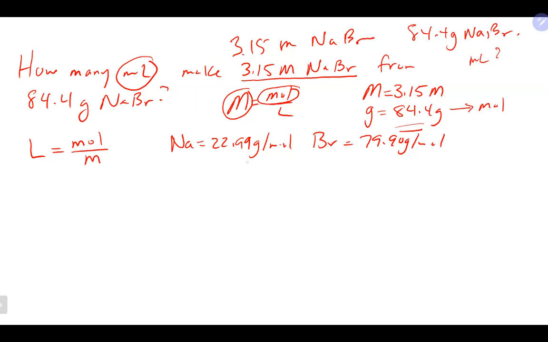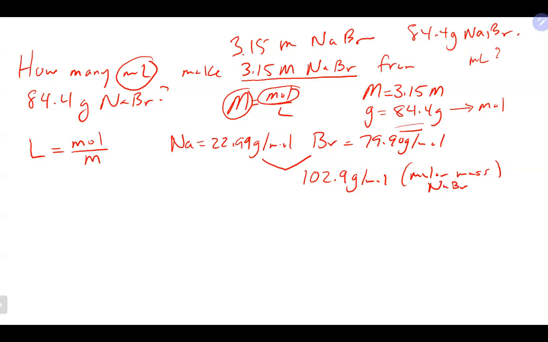To get the molar mass for sodium bromide, we just add those two numbers together: 22.99 plus 79.90. We'll call it about 102.9 grams per mole. This is the molar mass from the periodic table of NaBr.